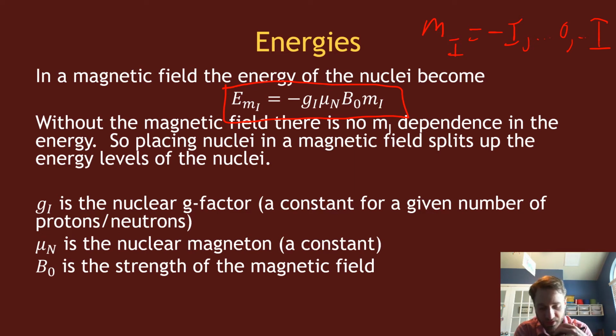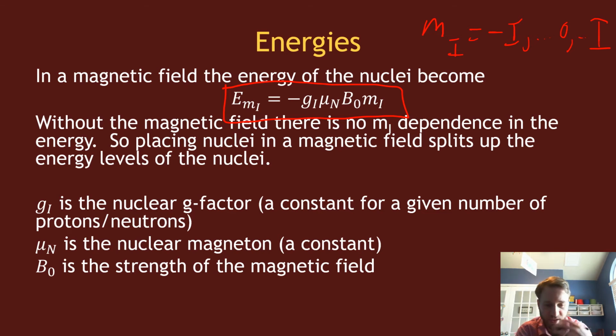So if I apply an external magnetic field, say in the positive z direction, and my nuclear spin is aligned in the positive z direction, that's going to be a favorable interaction. But if it's offset a little bit, it's not going to be as favorable. If it's perpendicular, it's not going to be impacted. And if this nuclear spin is pointing in the opposite direction of my external magnetic field, then it might be an unfavorable interaction.